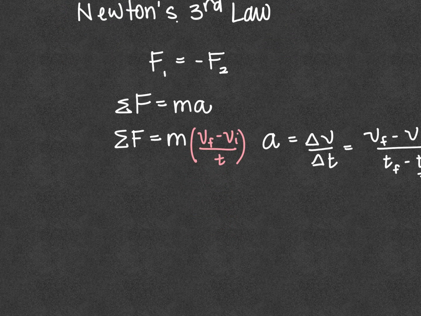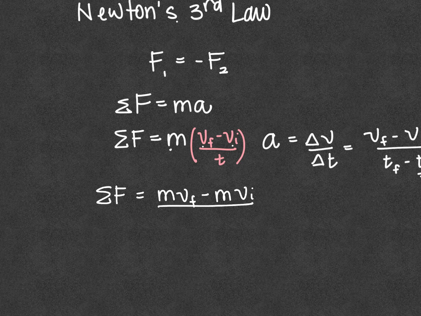So during the collision, this net force causes the mass to have a change in velocity, and I'm going to distribute the mass here, so I'll have mass times final velocity and mass times initial velocity, all divided by the time.